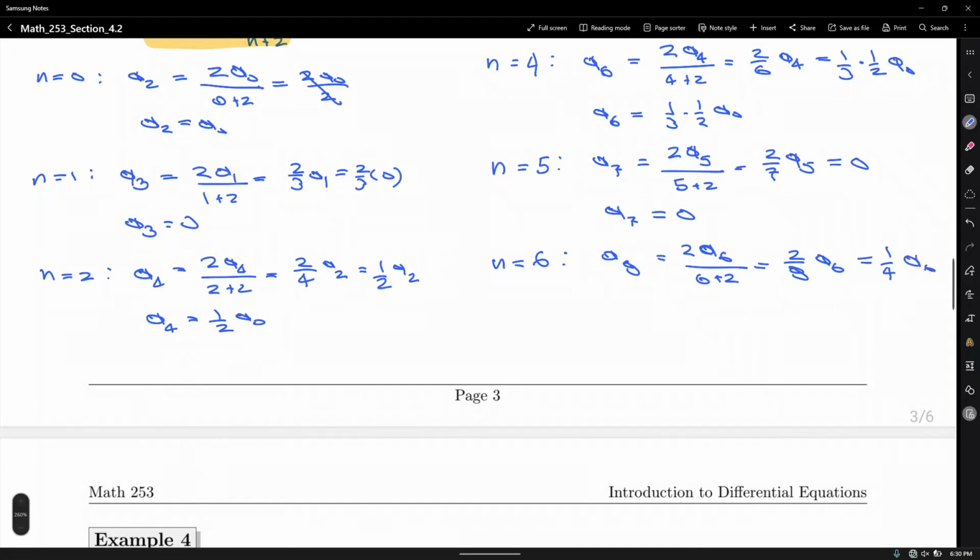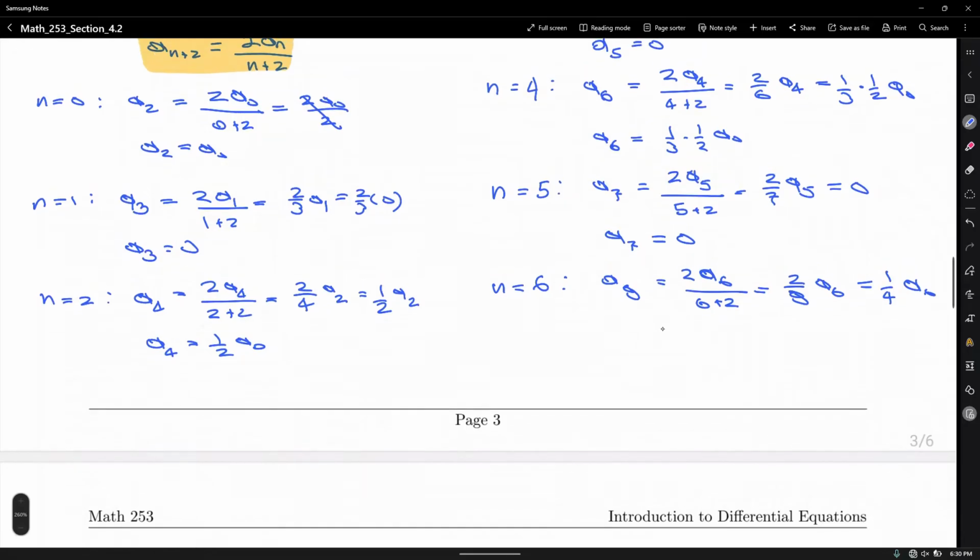But what is a sub 6? So a sub 8 equals 1/4 times whatever a sub 6 is. Let me put it together. This is 1/3, 1/2, a sub 0. And this is good enough.